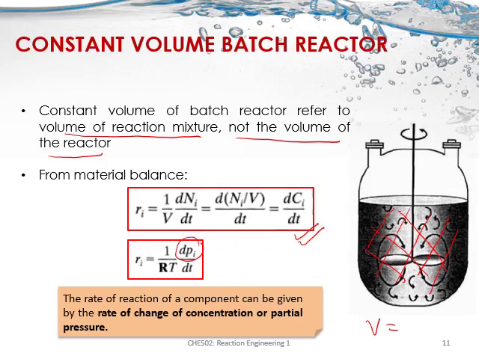It comes from the ideal gas law: PV is equal to nRT, then V is equal to nRT over P. So you may replace this V by RT over P. The rate of reaction of a component can be given by the rate of change of concentration or partial pressure.